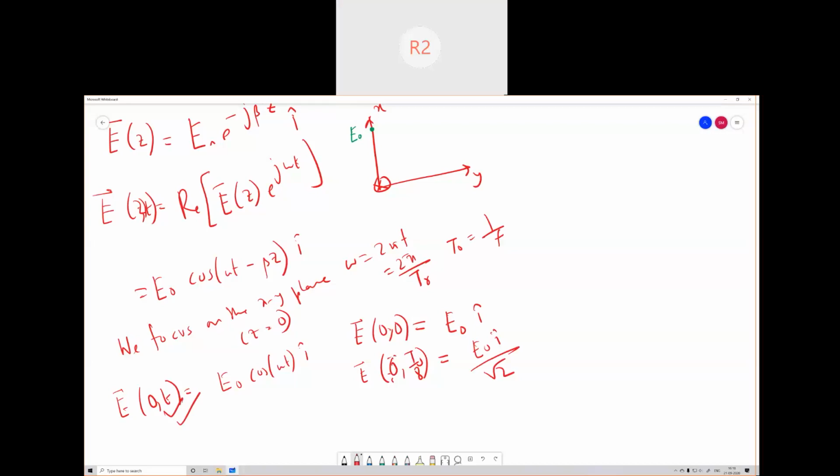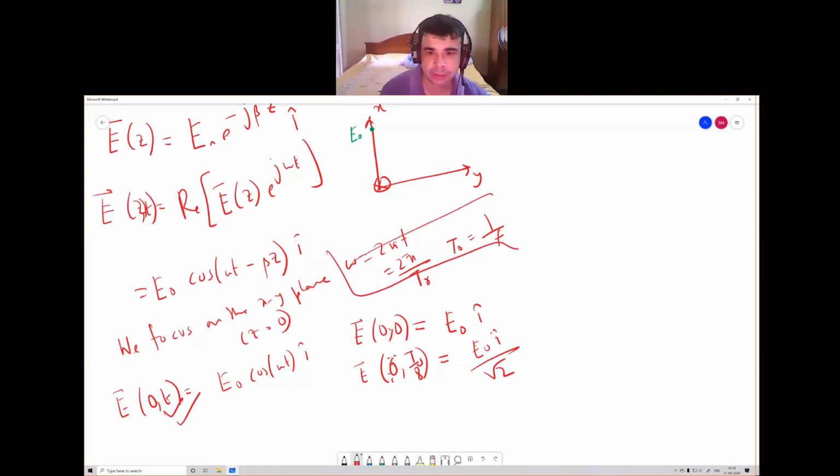Omega is 2 pi f, that is 2 pi by t naught, where t naught is 1 by f, the time period. Now, what will be the value of E of 0, t naught by 8? That will be E naught cos of 2 pi by t naught into t naught by 8, i. So t naught gets cancelled, 2 gets cancelled.